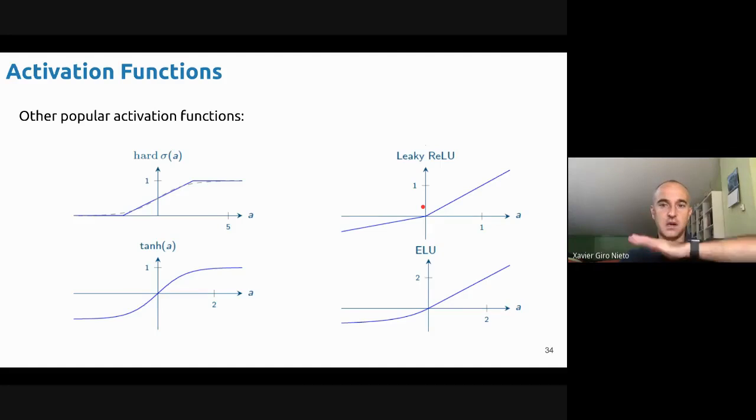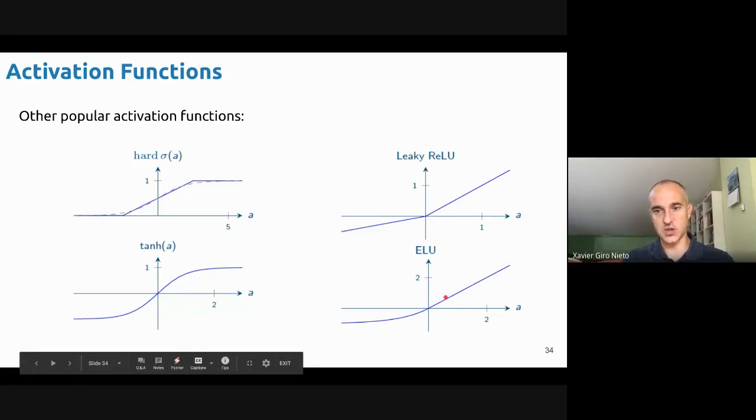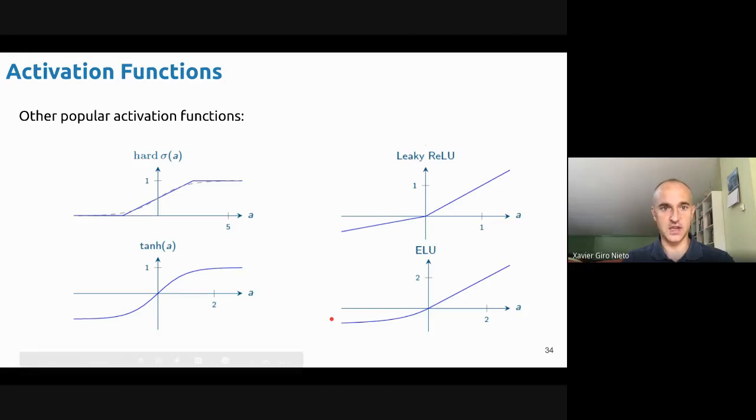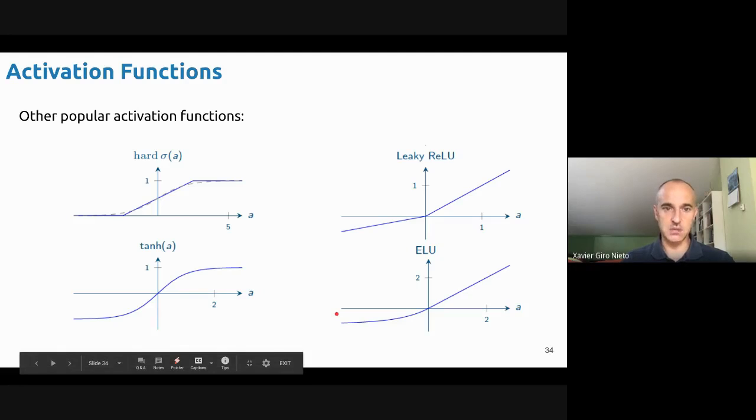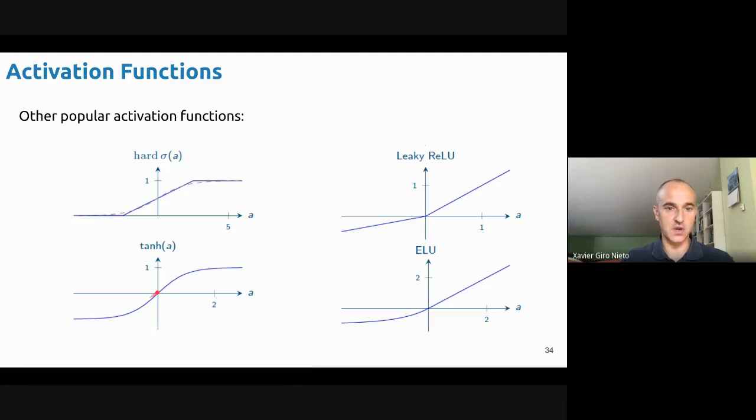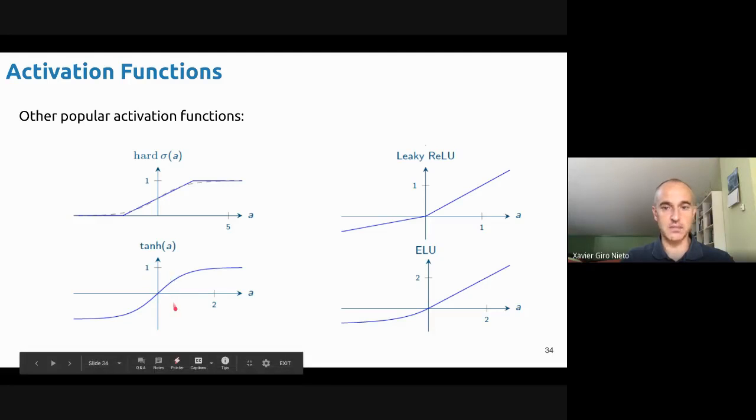There's just a little bit of a slope, and you can decide which one it is. Then there's the hyperbolic tangent, which has a similar behavior as the sigmoid, but it moves between 1 and -1. And the ELU is more exotic, I think. It's linear in this part, and it's non-linear when you move onto negative values. Most of the time you'll be using ReLUs, sigmoids, maybe hyperbolic tangents if the outputs of your model are between 1 and -1.